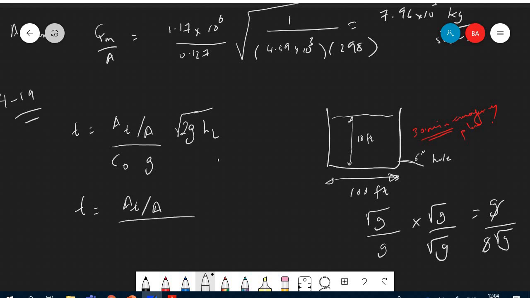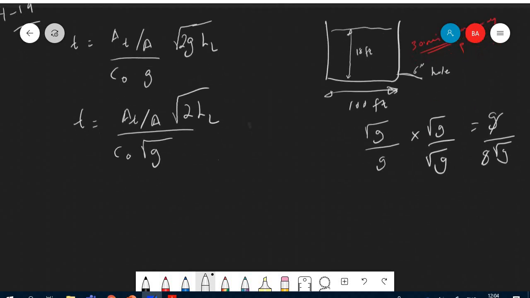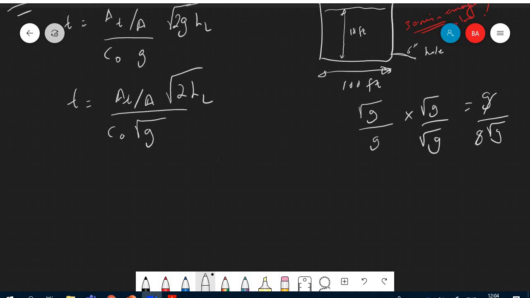I don't know if you can remember, instead of substituting, the square root of g over g is like multiplying by 1, and the square root of g into the square root of g is g. So we can simply put it as the square root of g.